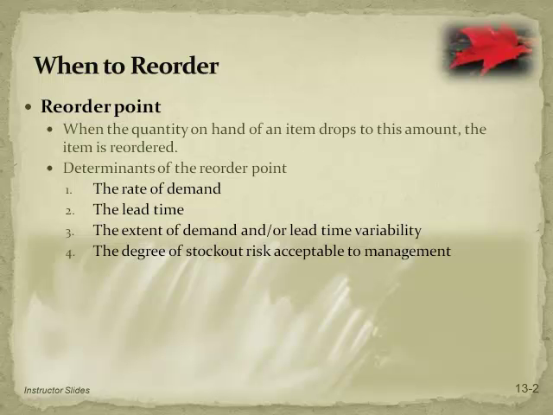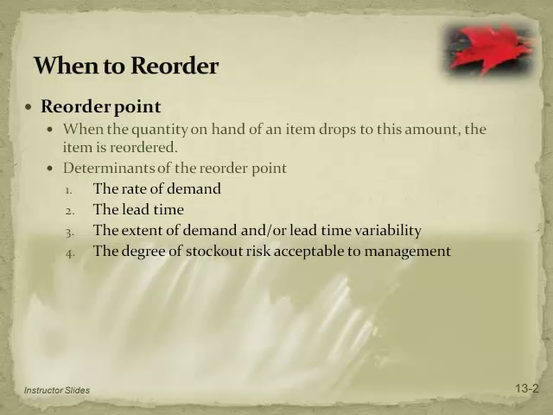And finally, from a risk perspective, how much risk are we willing to take that we run out of inventory before we get a resupply, which means that we could have a stock out.